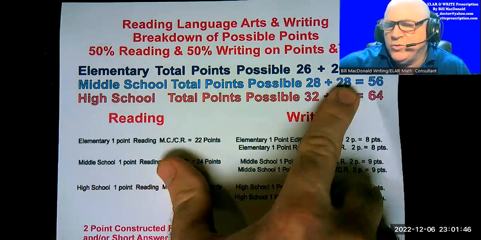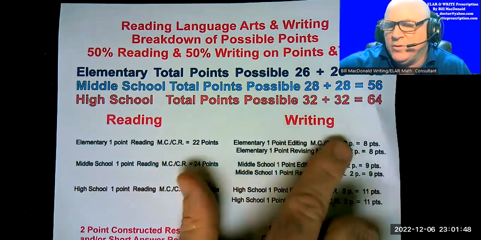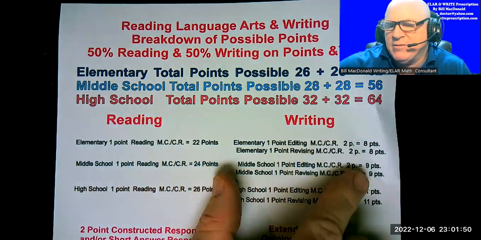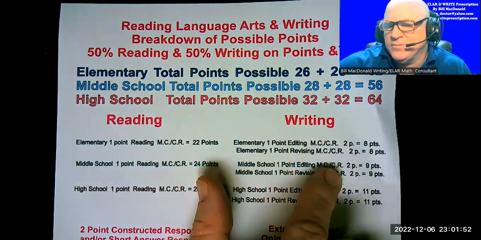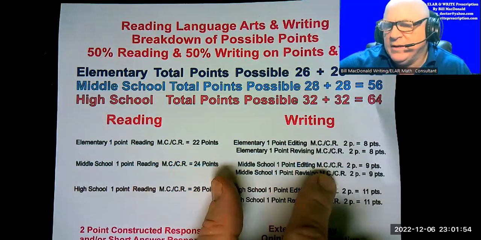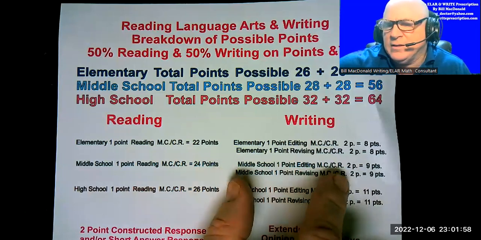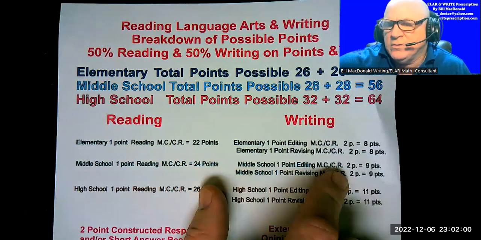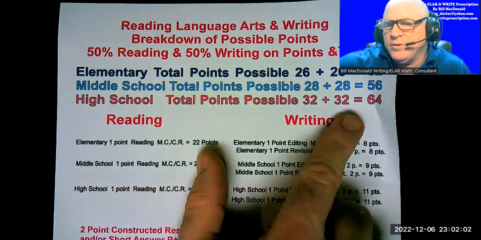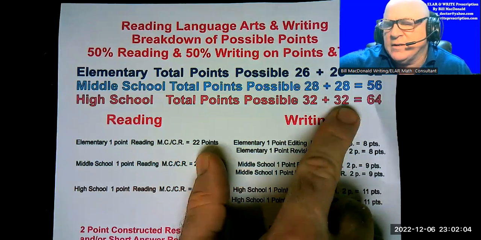And so then you would split those remaining 18 points equally between editing and revising, which is again the writing part of the test. And the last thing you'll do is take away 10 from the 32 points for the extended essay in high school.